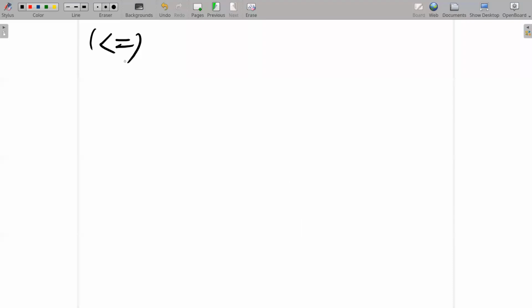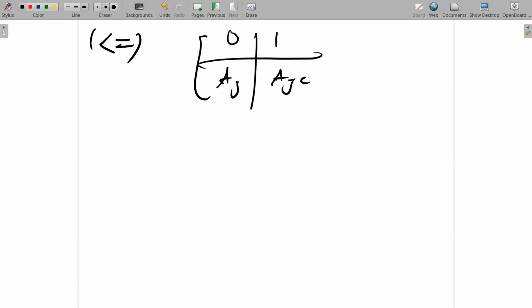Okay, so for this direction, we start with the assumption: you have AJ complement, I n minus m, and the rows of this matrix are linearly dependent. This is the assumption we're starting with.